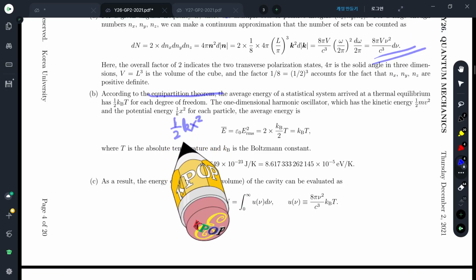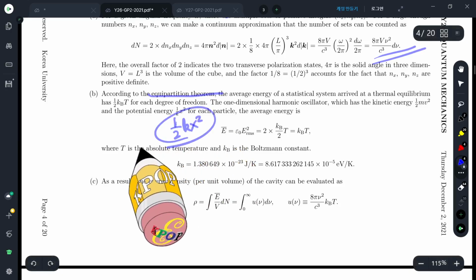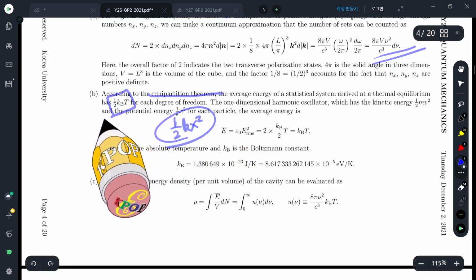Then for each oscillator, in equilibrium at temperature capital T, we have an average kinetic energy of a molecule.